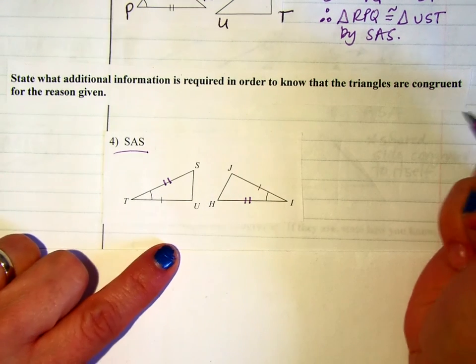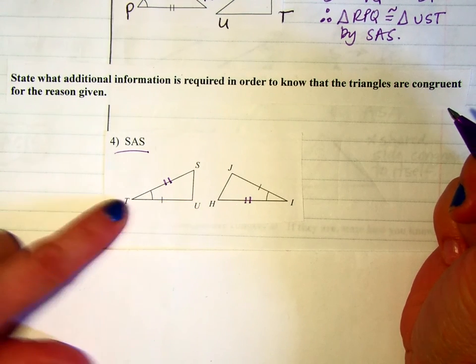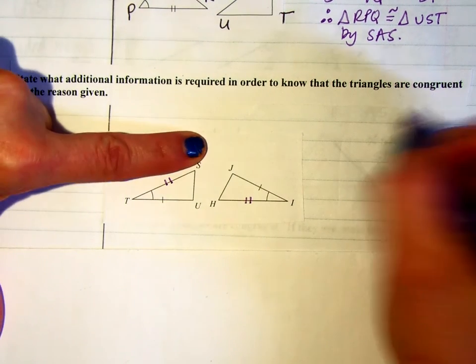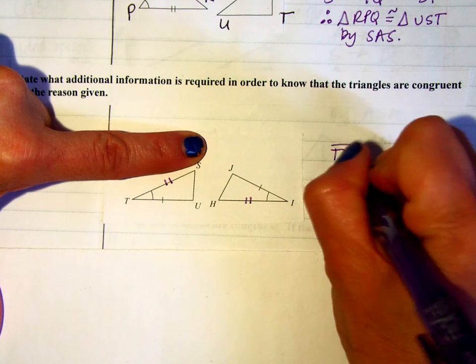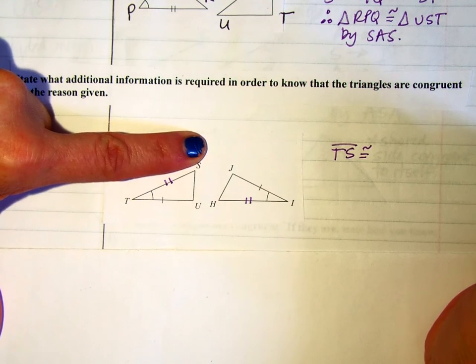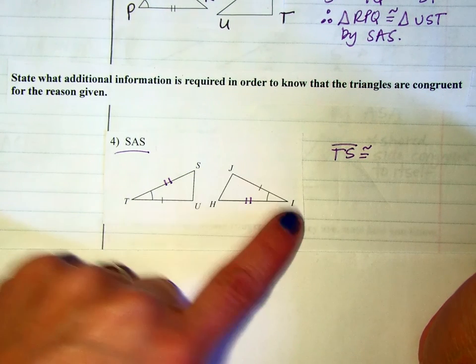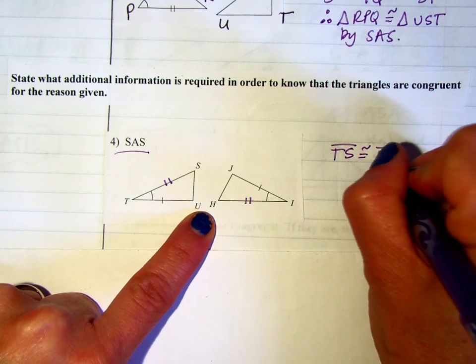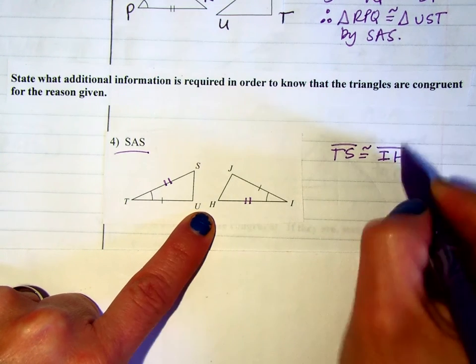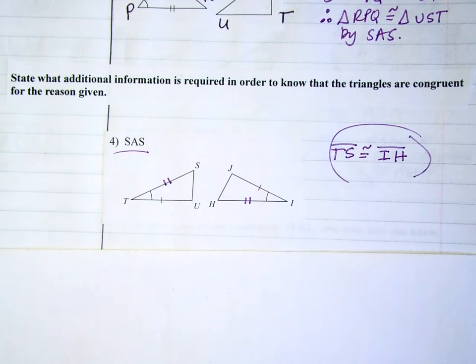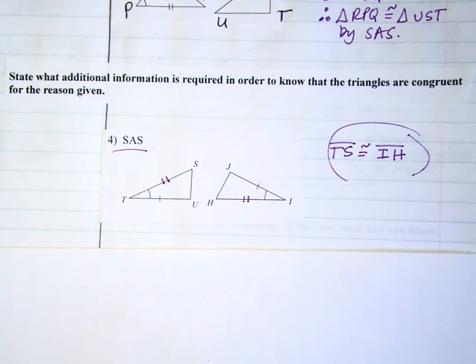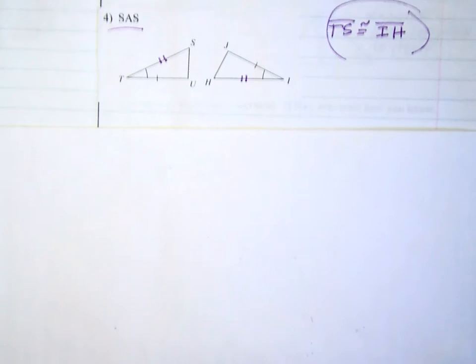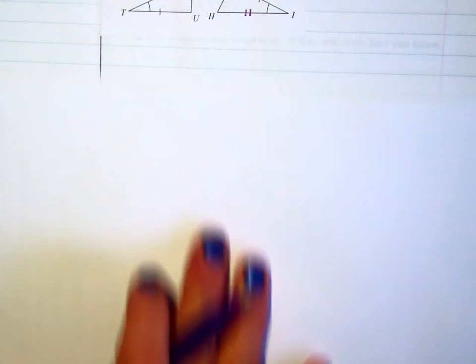Well, what do we need? I know we went from U to T, and then from T to S. So side TS has to be congruent to, let's see, that's JI and then IH, side IH. This is the information we need in order to say, yes, these two triangles are congruent by the side-angle-side congruence postulate. All right, let's take a look at our last one.